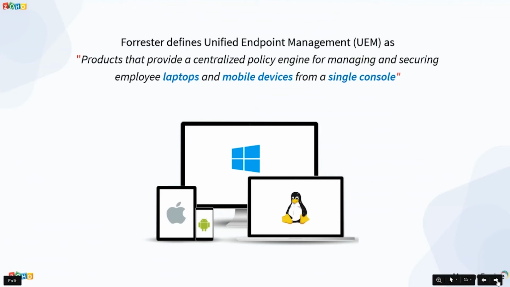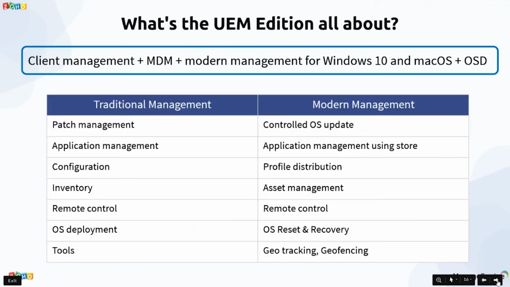In unified endpoint management, you can manage endpoints in a traditional IT management fashion, which includes patch management, application management, configuration deployment, OS deployment, tools for troubleshooting, and day-to-day management activities.